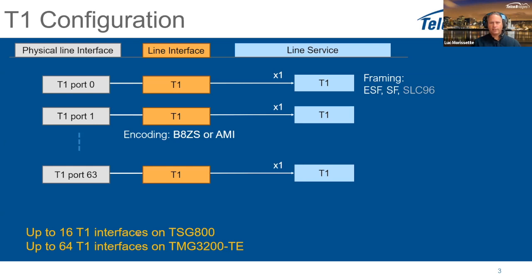If I start with the T1 configuration, there are different levels that we see. This is the physical interface. You saw the picture of the device with the T1s yesterday. When you connect the T1, it's an RJ48C port. Depending on the type of device, you will have more or fewer of those T1 ports.